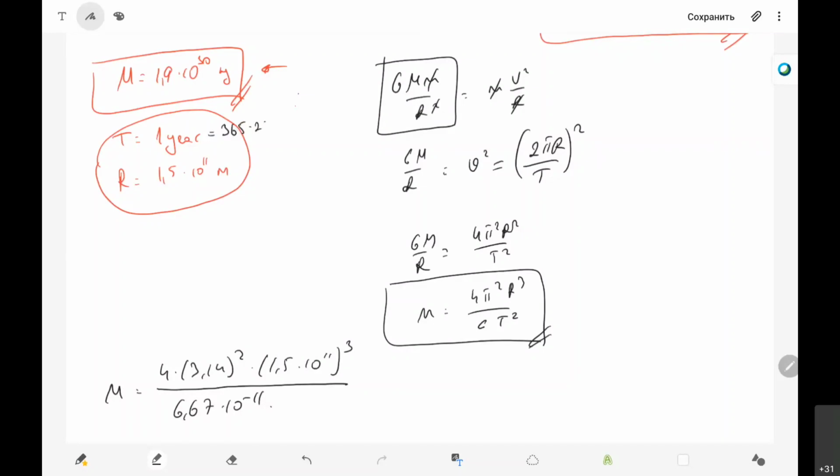In 1 day we have 24 hours, 60 minutes, 60 seconds, all squared. From here we find the answer will be approximately 1.9 times 10 to the power of 30. In this way, we can find the mass of planets.